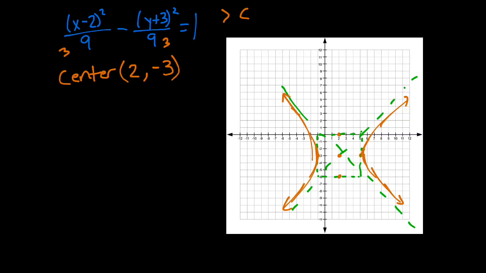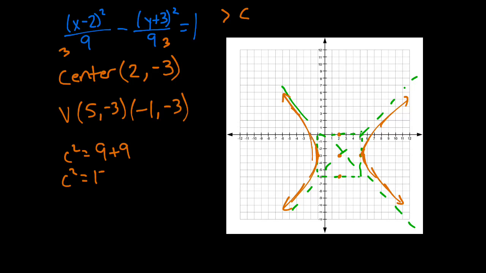So now where are the vertices? This time our vertices, if we look at our graph, are at 5, negative 3, and negative 1, negative 3. Then for our foci, c squared equals 9 plus 9, so that's going to be 18.